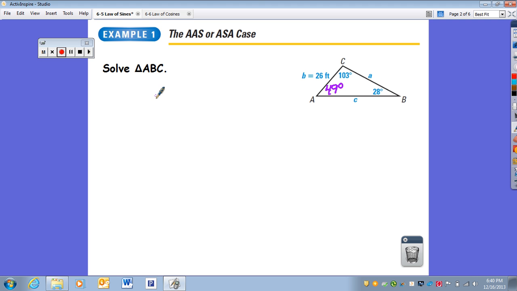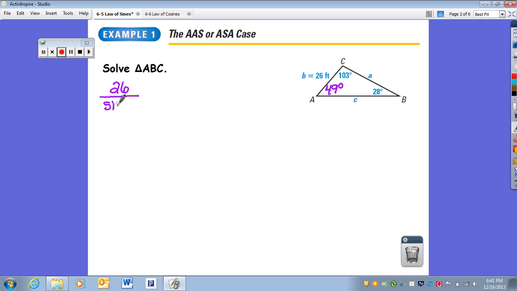The first thing we can do is set up a relationship with the measurement of side b, which is 26 feet, in a ratio to the sine of angle b, and angle B is 28 degrees.